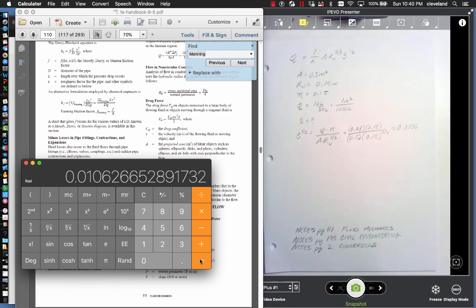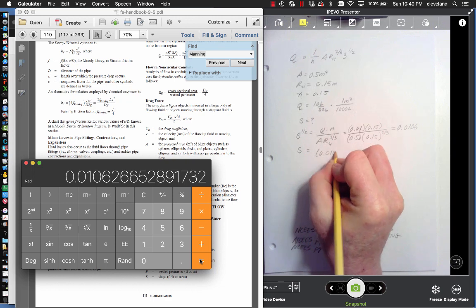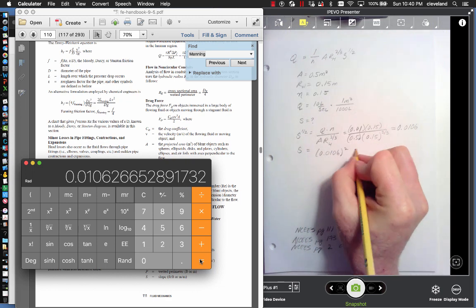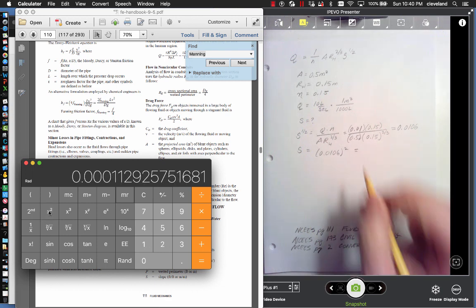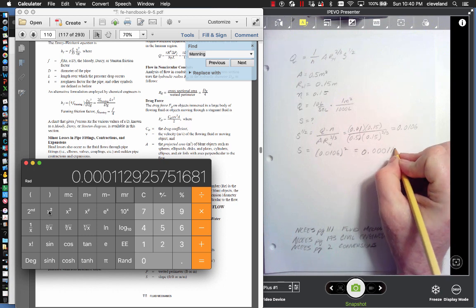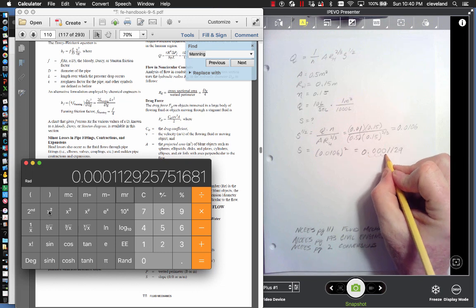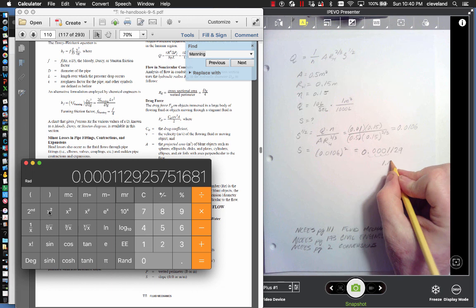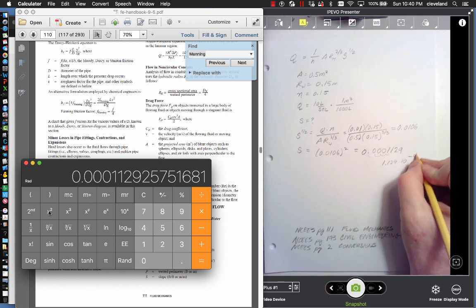0.0106 is the square root of the slope, and so the slope is 0.0106 squared, which equals 0.0001129. 1.129 times 10 to the minus 4th is the slope.